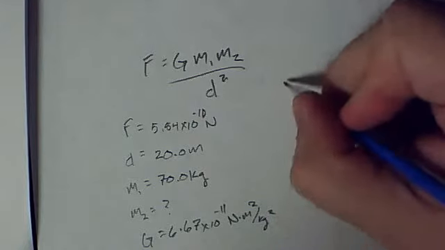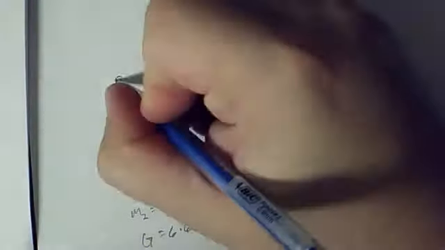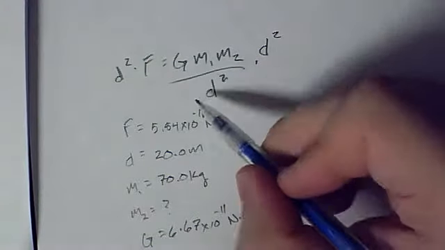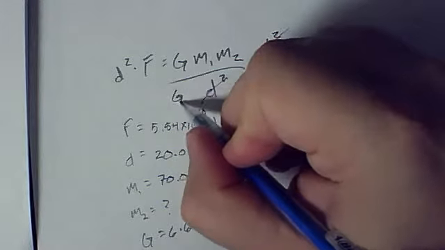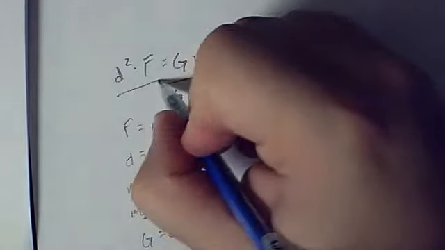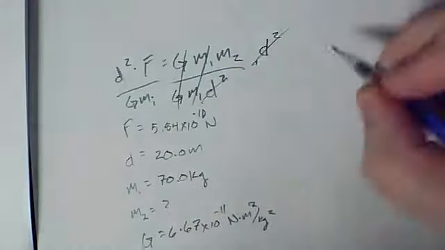So to solve for m2, I need to multiply both sides by d squared so that my d squareds cancel. And then I'm going to divide both sides by G m1. So my G's and my m1's cancel.